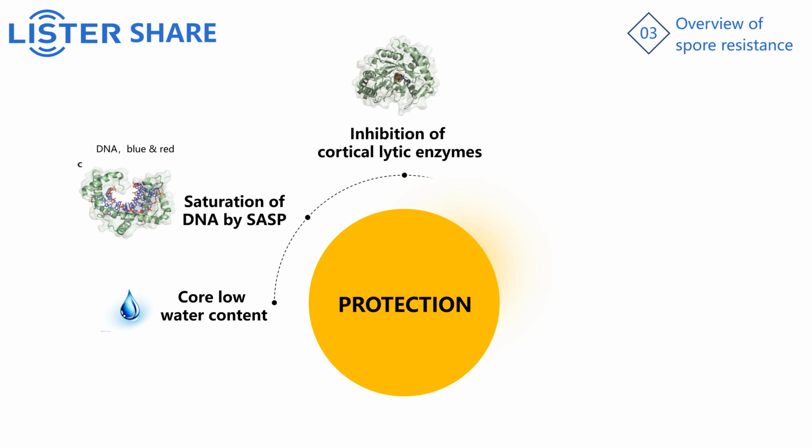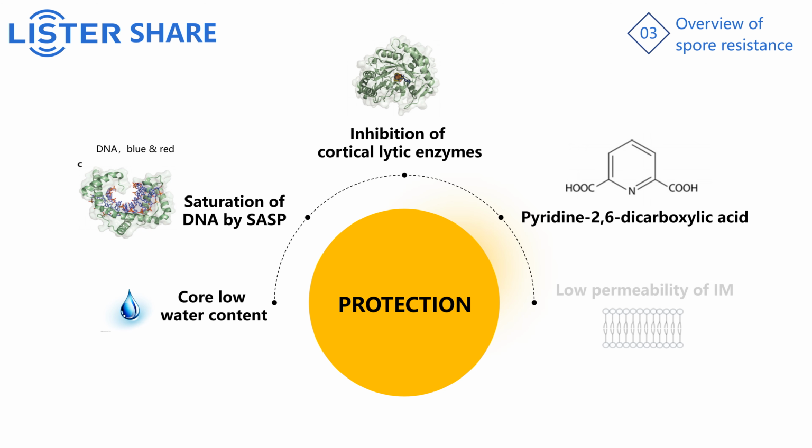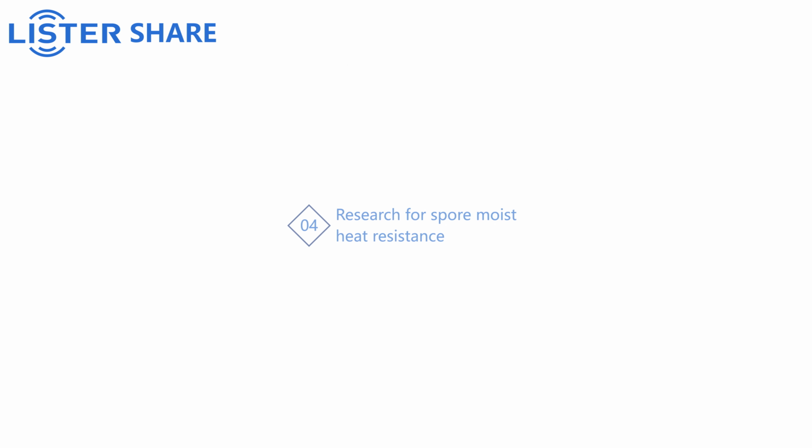Cortical SP lyase binds to S-adenosylmethionine cofactor, blue, on iron-sulfur clusters, yellow and orange. 4. Pyridine 2,6-dicarboxylic acid, DPA, chelates with Ca2+ ions in spore core. 5. Low permeability of inner membrane. And so on. So how do spores use these features to protect themselves?